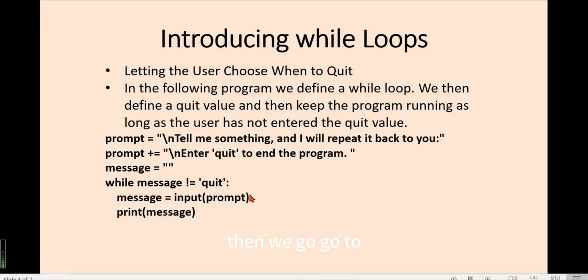Then we go to the while block. But when the user puts quit here, then the message is quit and will print quit. Then the next run will be false. We'll skip the while block. But the quit message is printed out.